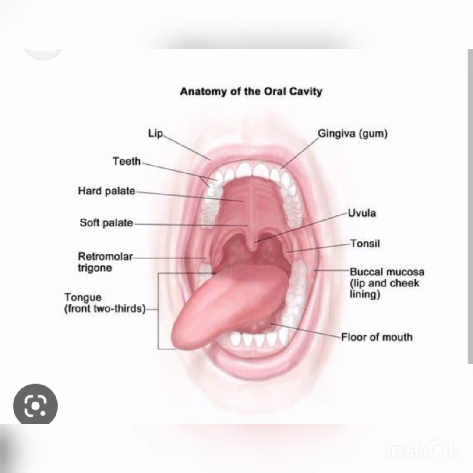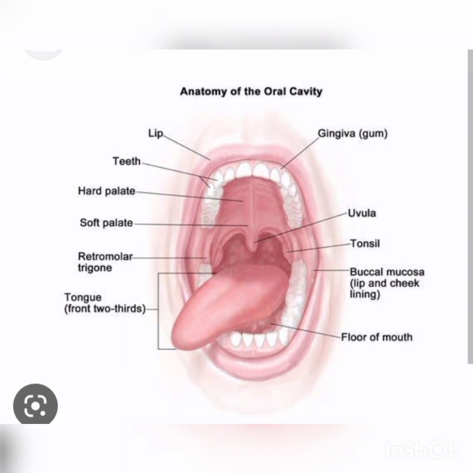And below the uvula, bilaterally, that means on both sides, you can see the tonsils; oral tonsils are present there. And just beside those tonsils, you can see the retromolar trigone. Retro means behind, molar means molar teeth, and there is an angle, that is the reason it is called the retromolar trigone. Tongue, the 2/3 of the tongue.